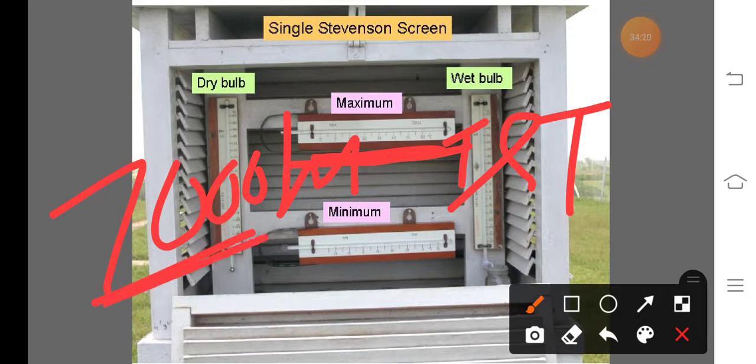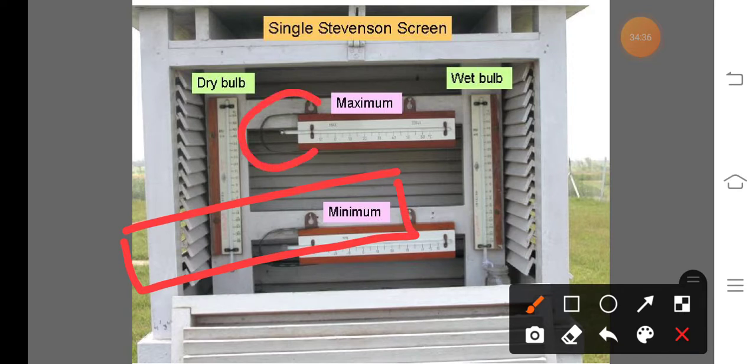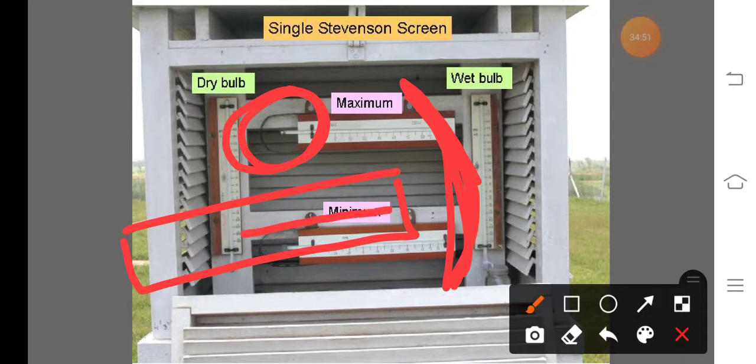The maximum thermometer is set at 7 o'clock Indian standard time. How is it set? The thermometer is removed from the single Stevenson screen, one part of it is held in our hand, and the thermometer is swung up and down until the mercury attaches with the end part of the thermometer.